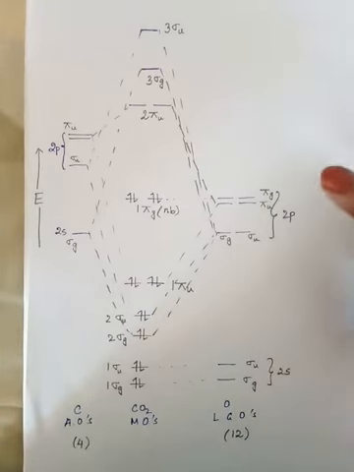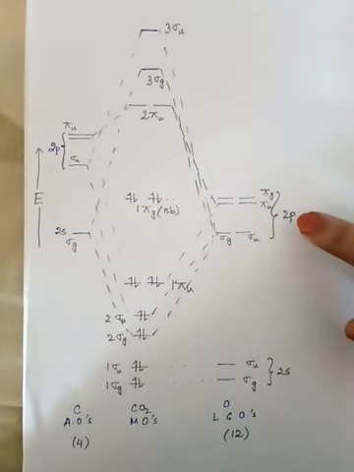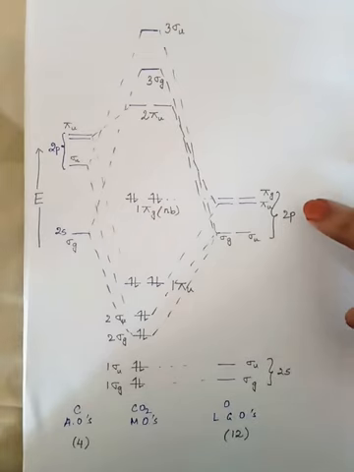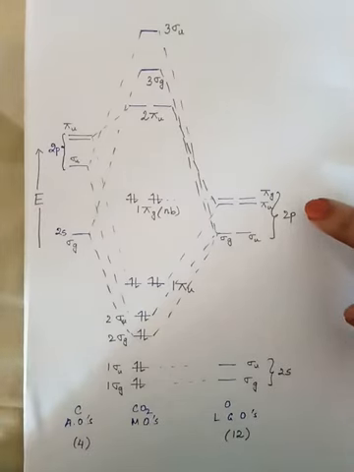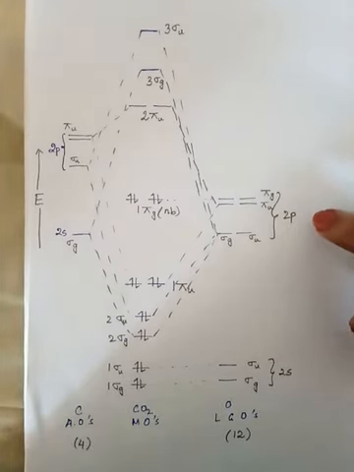Similarly, you have the 2p orbitals from the two oxygen atoms. What are the types of overlap that the 2p can undergo? If you recall, as I have discussed in the previous videos, there are three types of p: pz, px and py. If we consider z to be the bonding axis, then the two pz orbitals undergo sigma overlap and the px and the py undergo pi overlap.